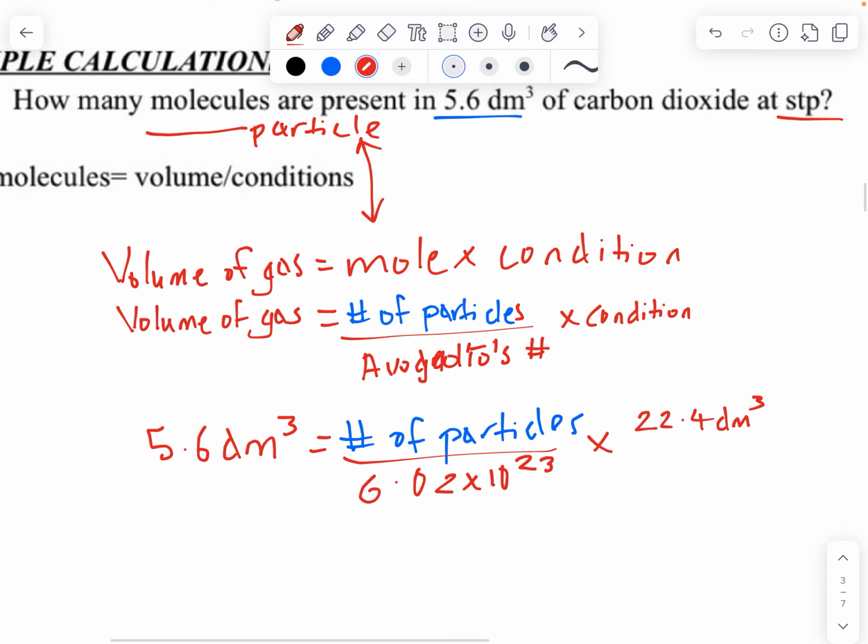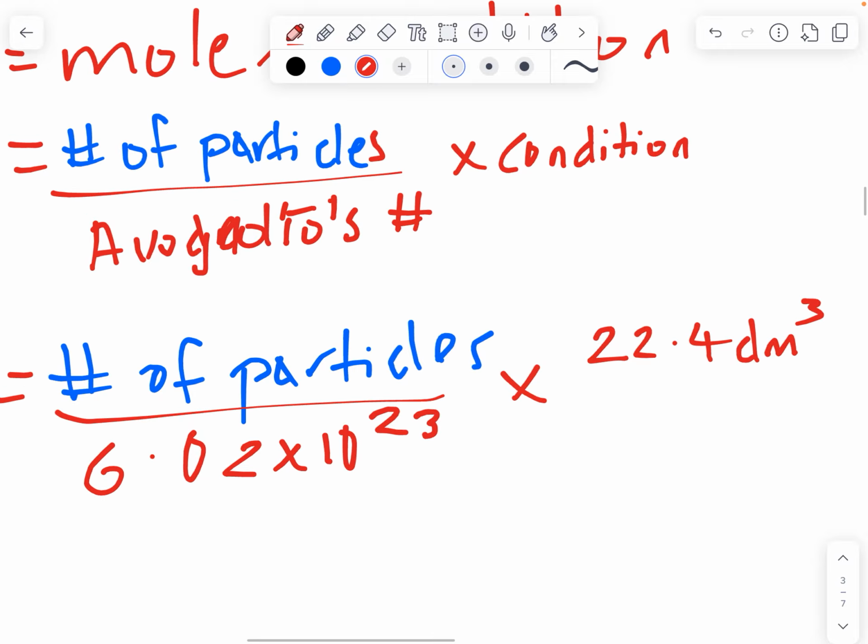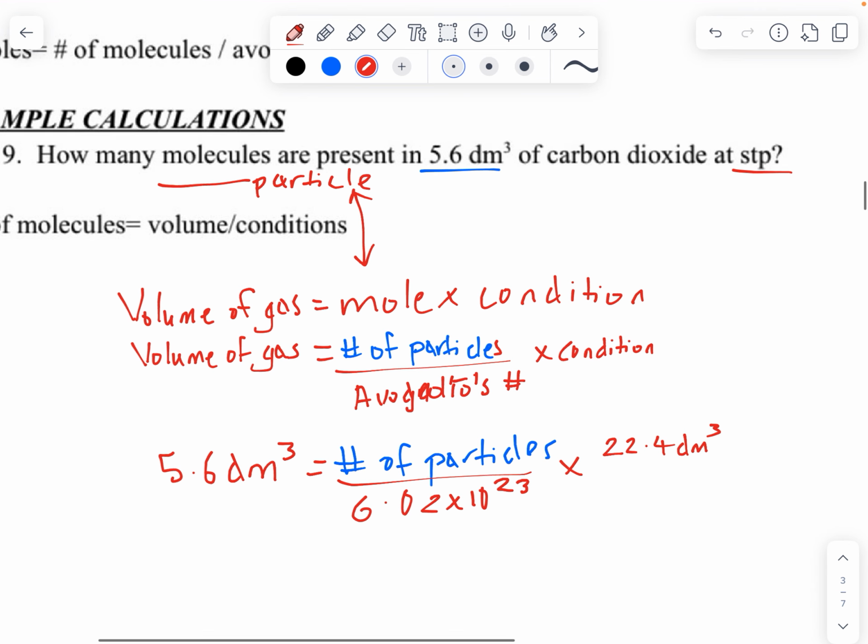And now we solve, right? We need to make number of particles the subject, so we're going to get rid of everything that is not number of particles. It's already on the top, so we can leave it there. We can get rid of 22.4 dm cube. How to get rid of that? Since it's being multiplied on our right-hand side, to get rid of it we simply need to divide.